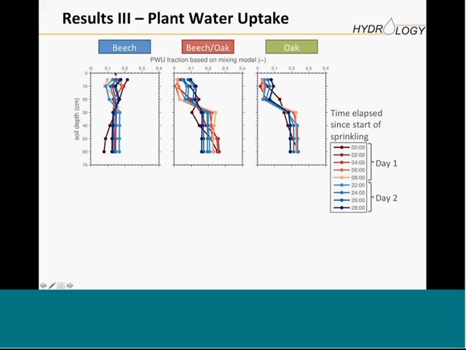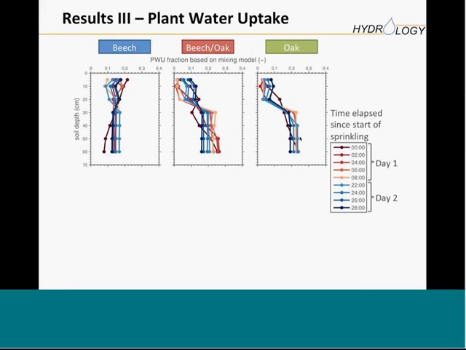You can see for the beech, the plant water uptake fraction is relatively constant with steps. There is not much variation. For the beech-oak, we have a much lower uptake fraction in the topsoil and a higher uptake fraction in the bottom part. And for the oak, this is even more pronounced.